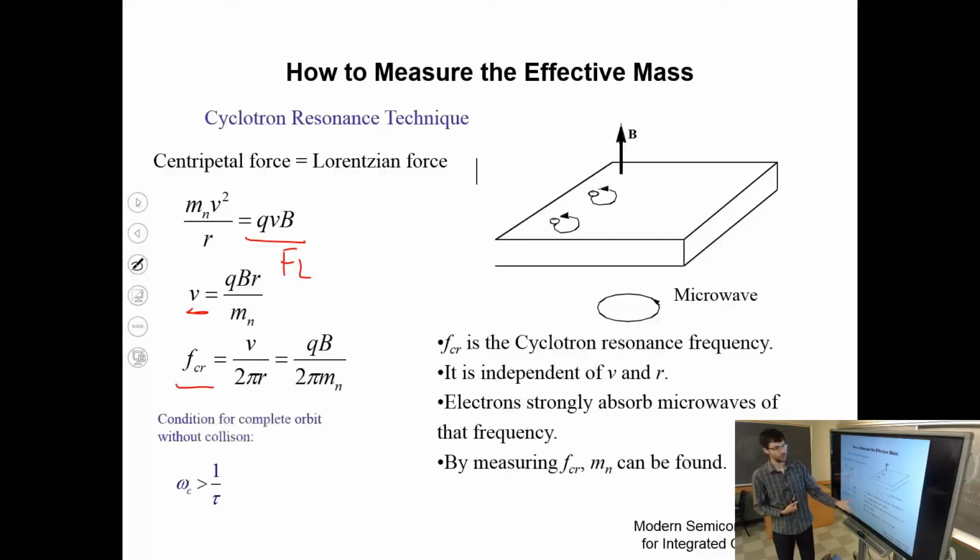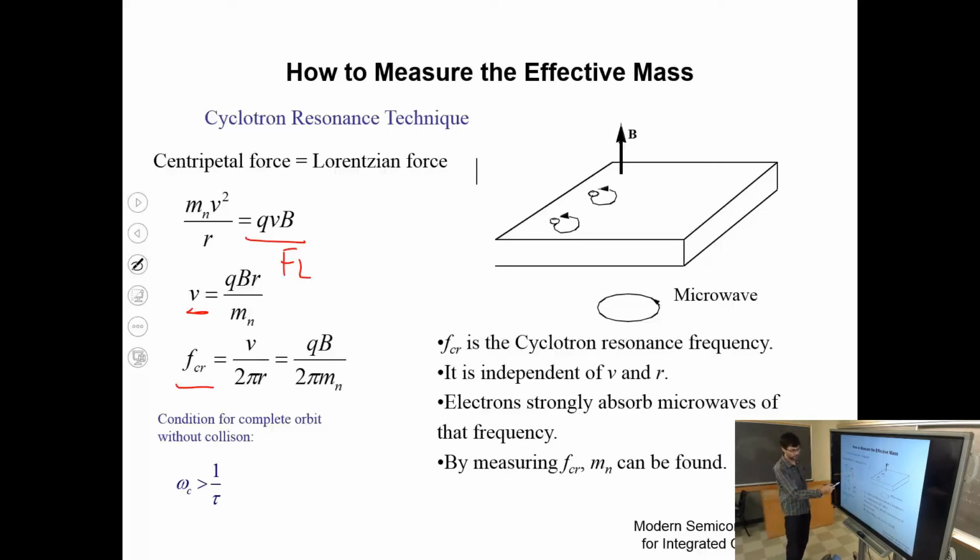Now, it turns out that these frequencies tend to be in the microwave range, so very long wavelength photons. If you shine photons in the microwave spectrum, and if the frequency of these photons matches this cyclotron frequency, then photons can get absorbed by this material. And so when you see the absorption feature, then you know that you've hit the resonance.